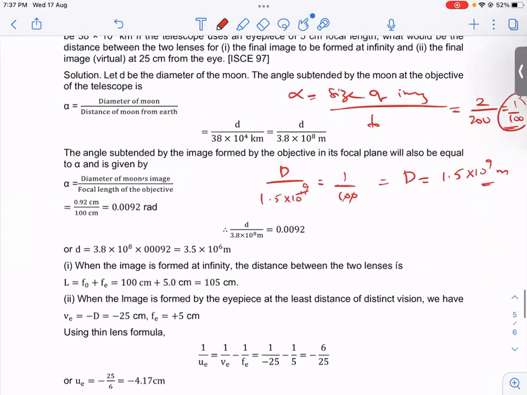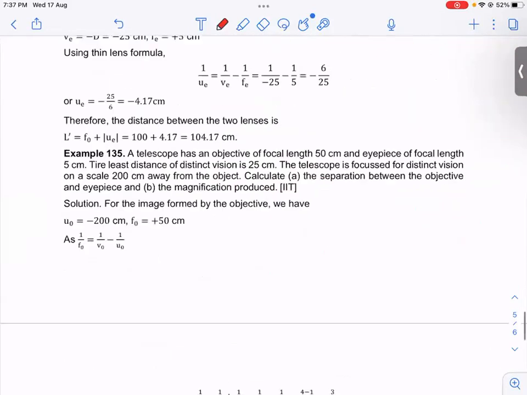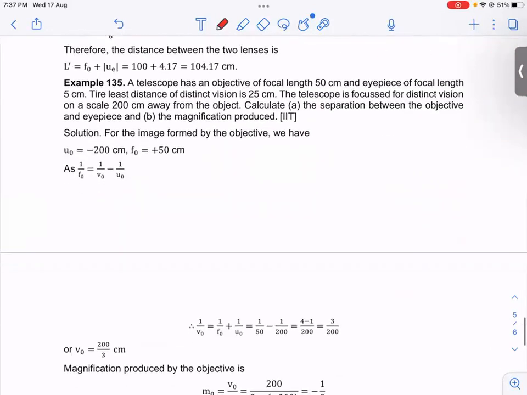Next is, actually, though it is written as IIT, I think you guys can solve this. Try to collect the data and solve it. A telescope has an objective of focal length 50 centimeters, so f naught is 50 centimeter, and an eyepiece of focal length 5 centimeter.